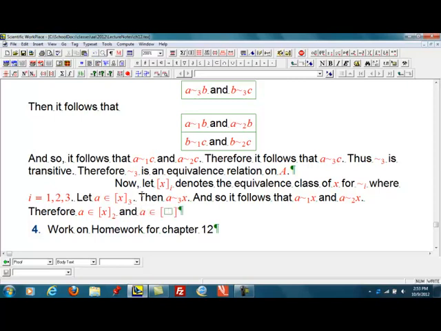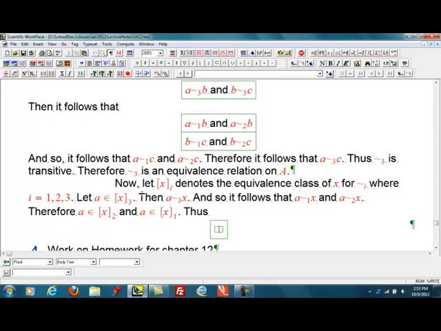Yeah, it has to live in the equivalence class 1. Thus, what's our conclusion here? I know that the equivalence class for 3 is contained in the equivalence class for 1 intersected with the equivalence class for 2. I get the intersection because of this and right here. That gives me my intersection. That makes sense? Everybody see that?